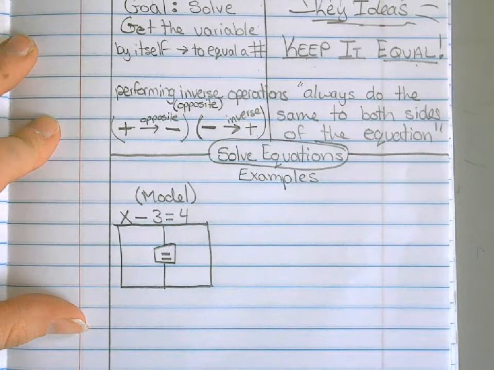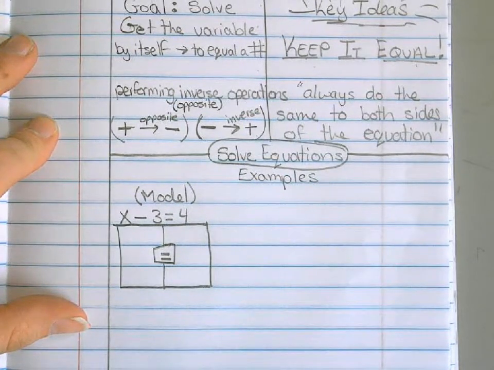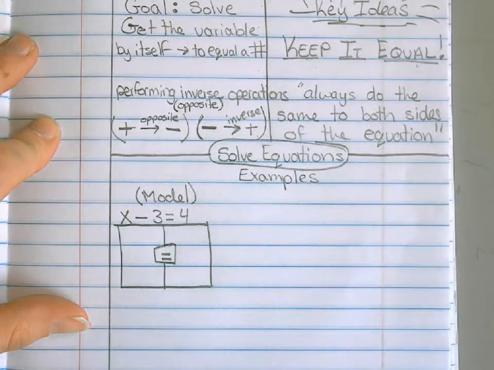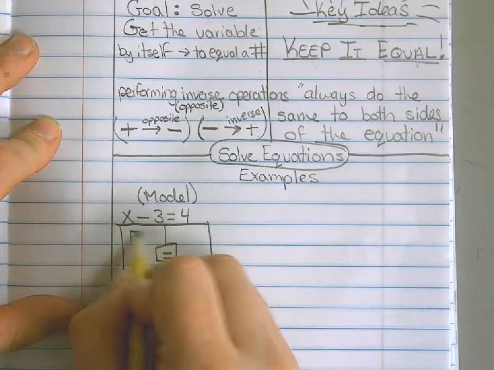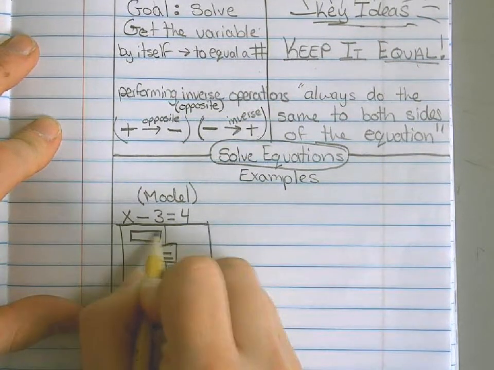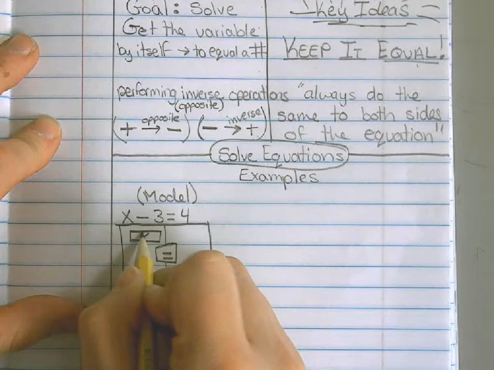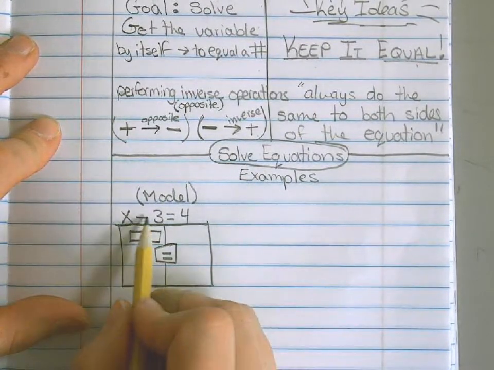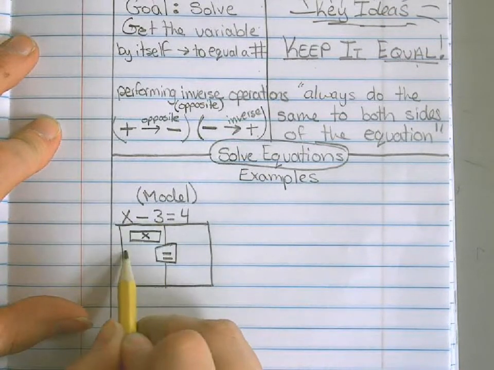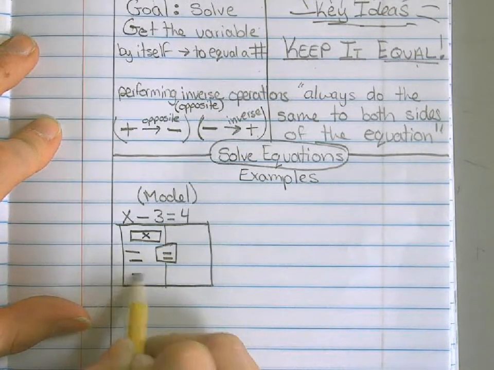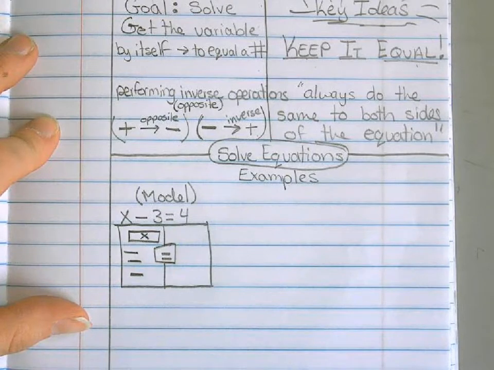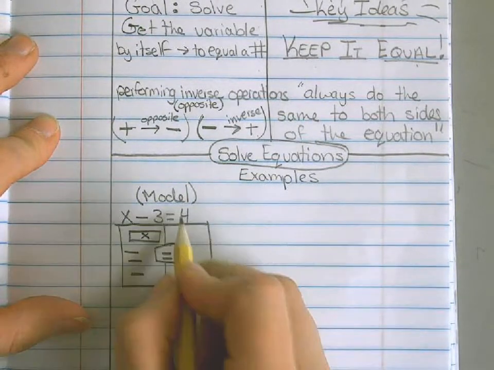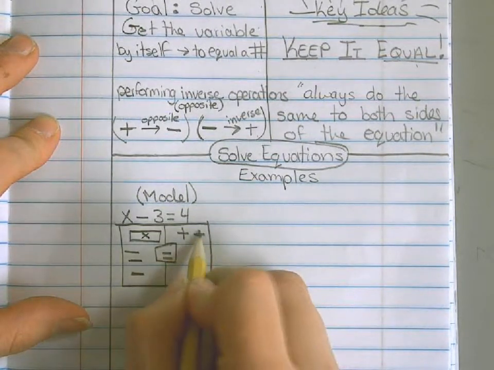That's basically what we've been working with, right? Okay. And then we would take a larger rectangle and we put an x in there, and that would represent our x. And then we have minus 3, so we have 1, 2, 3 negatives, right? And then over here we have 4 positive.